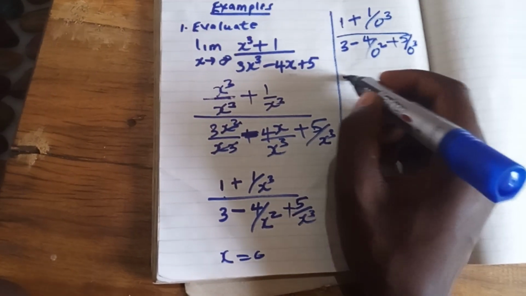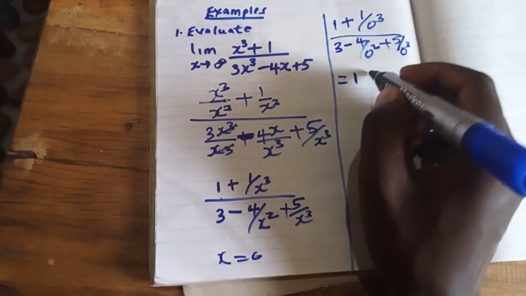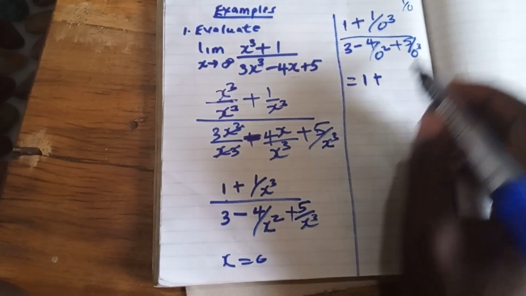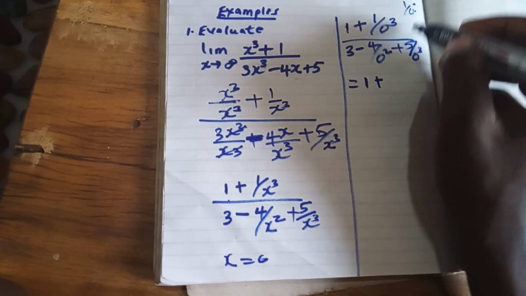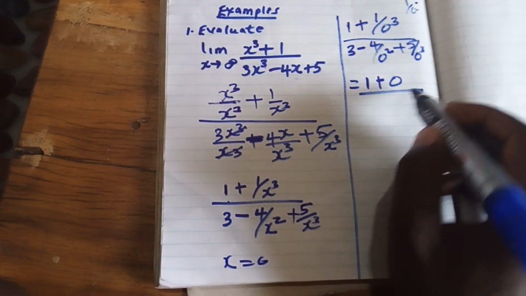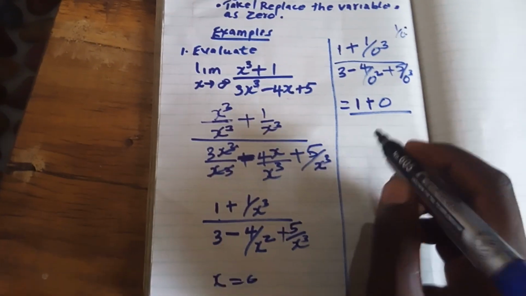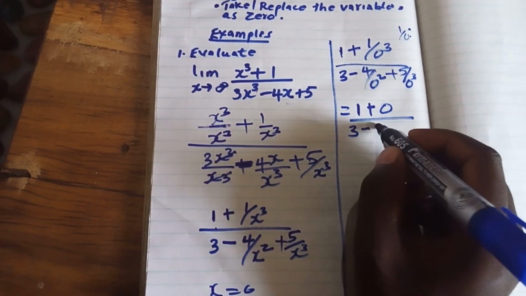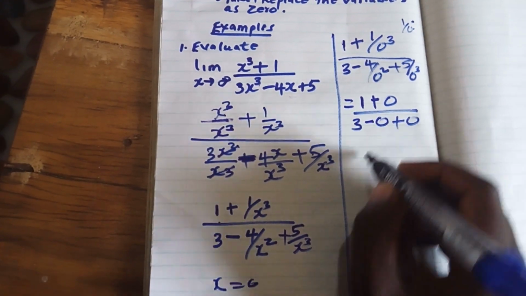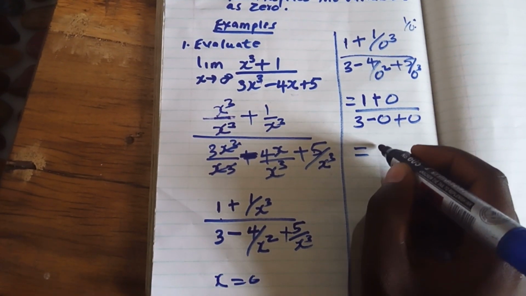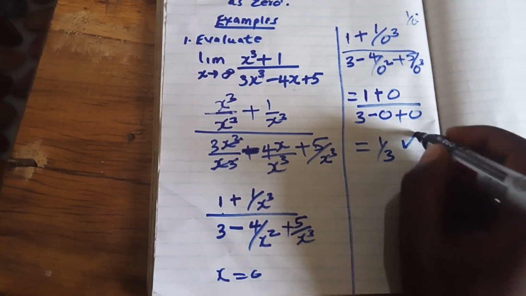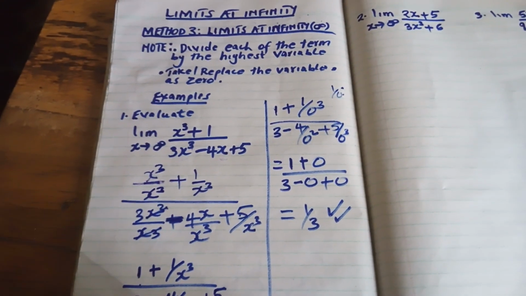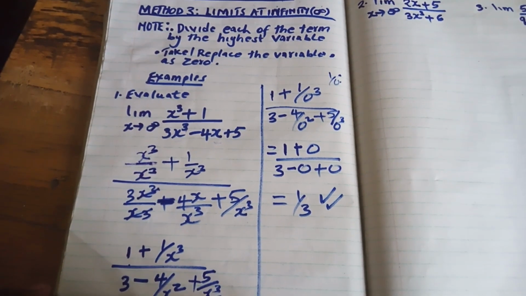So we will have 1 plus 1 out of 0, which is undefined. This one will give us 0. Divide by 3 minus 0 plus 0. So our last answer will be a third. That is how we calculate limits at infinity.